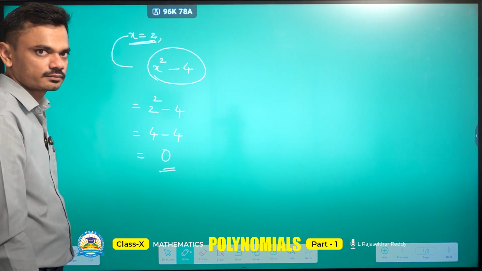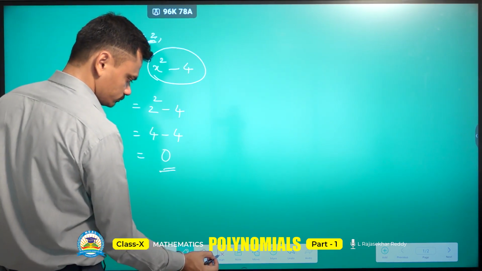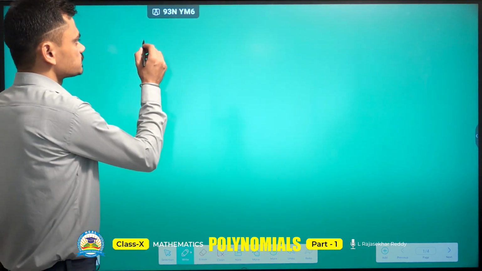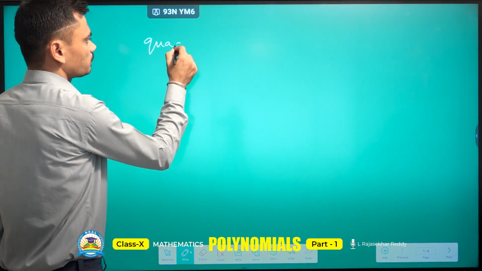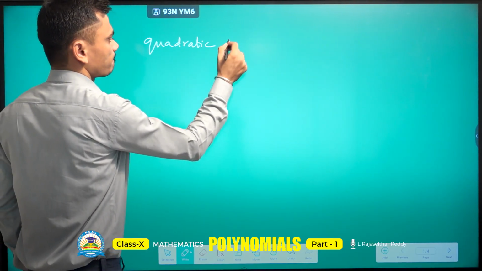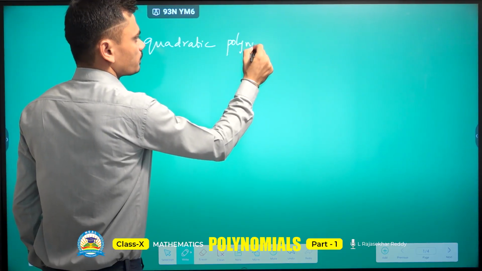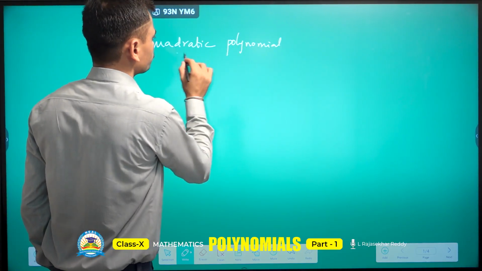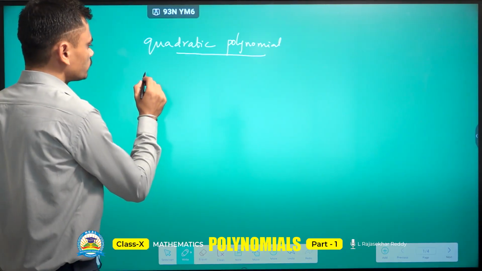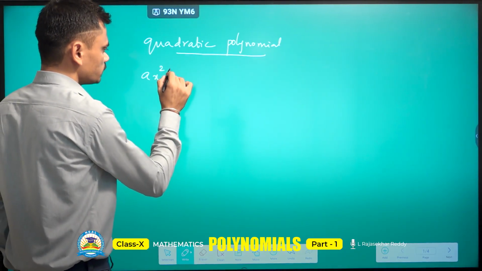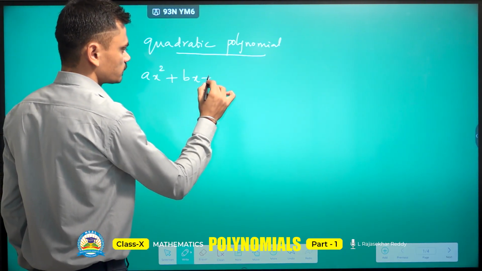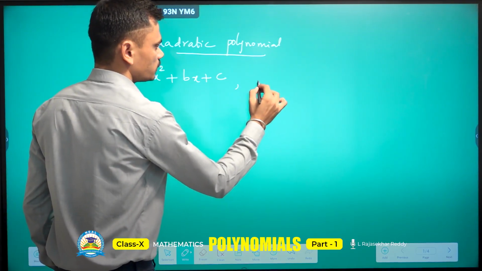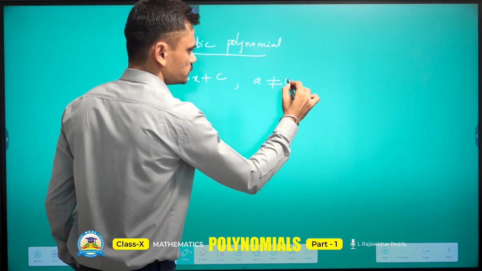Okay. So like that, whatever value is there, we have to substitute and verify whether the result is 0 or not. Next, let us discuss quadratic polynomial. The general form of a quadratic polynomial is ax square plus bx plus c. Here a is not equal to 0.